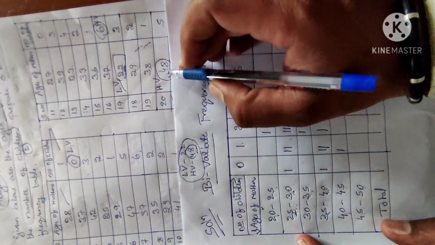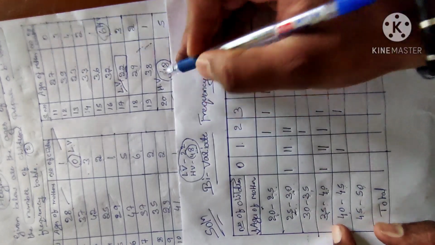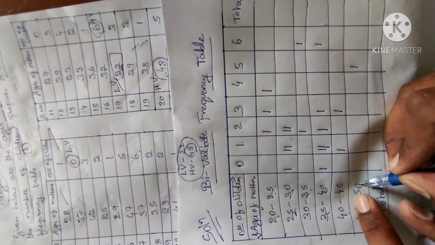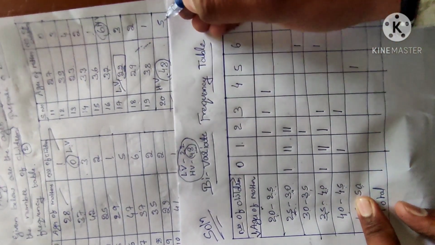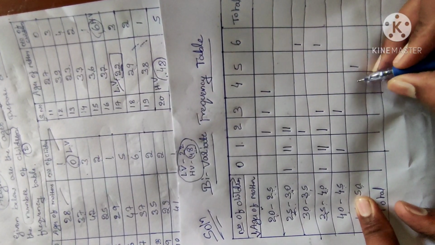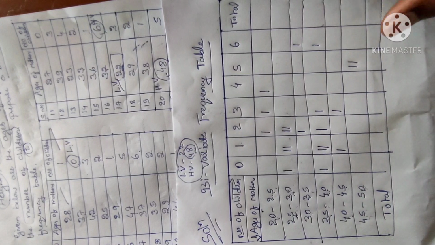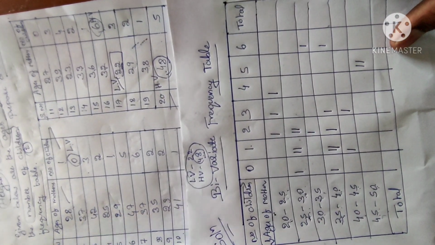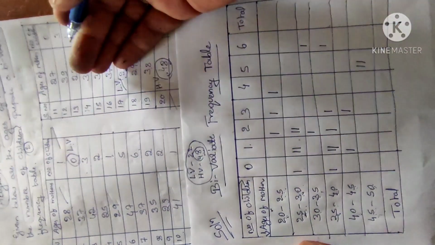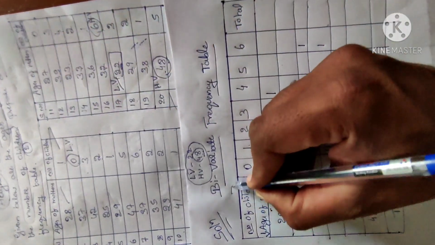Next, last one, 48. 48 comes under 45 to 50. The number of children is 5. This is the way of converting the given information into the form of a bivariate table.